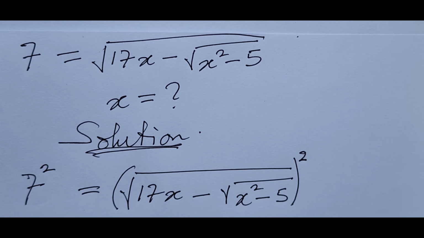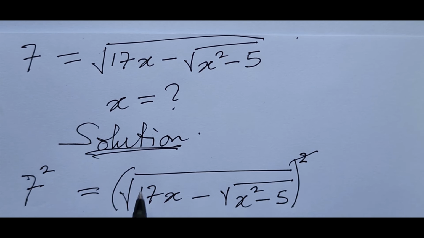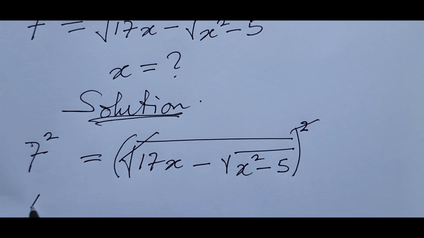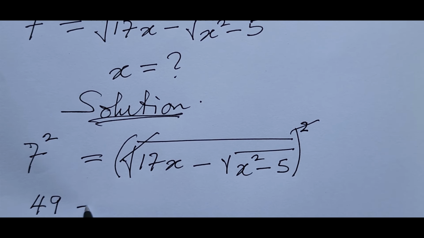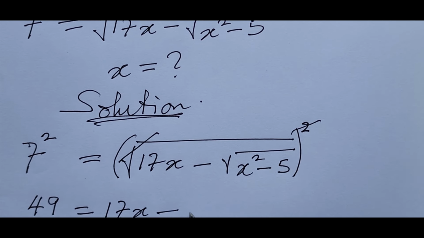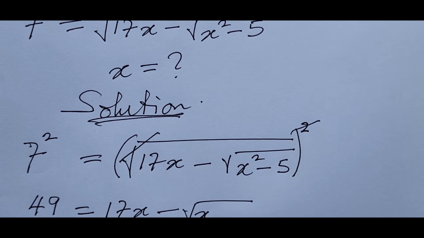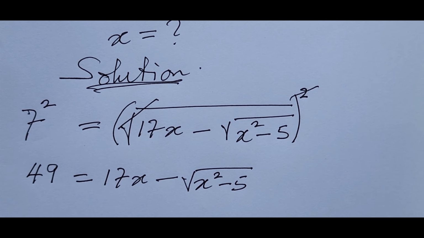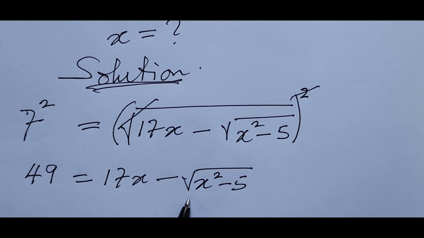Okay, with this, what happened? This square goes with this radical. And so we're going to have 49 equal to 17x, then minus the square root of x to the power of 2 minus 5. Now, if you check carefully, we're still having a radical here, and here we have a minus sign.